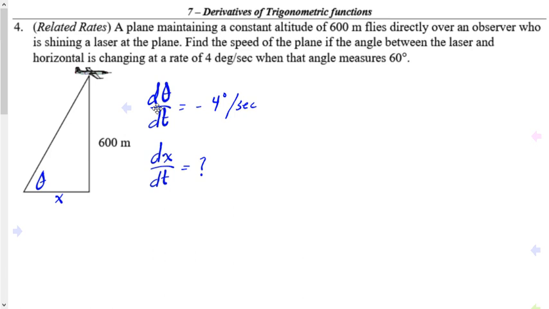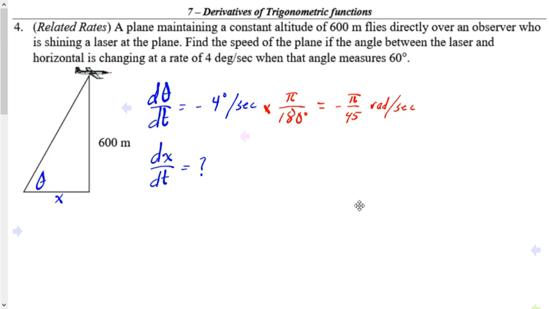So we need to change this to radians so we don't introduce units of degrees. So to convert that to radians, I'll multiply by pi over 180 degrees and simplify it to get negative pi over 45 radians per second, keeping in mind the radians is not a unit, it's a ratio of lengths, so this is just a per second value.